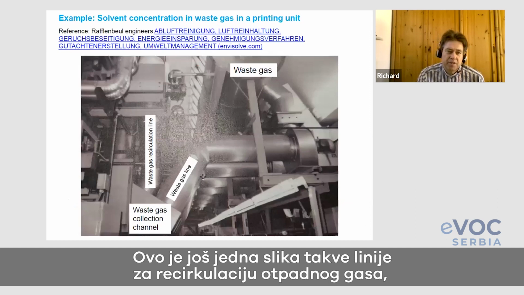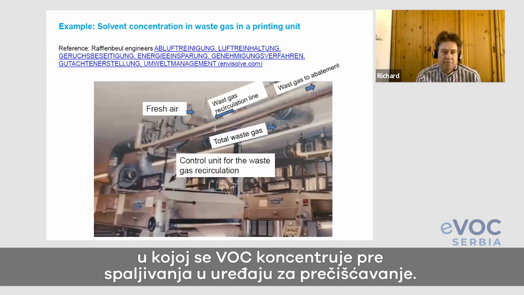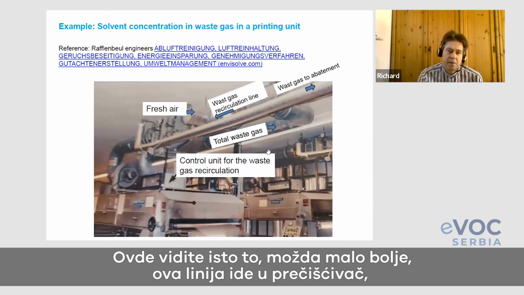Yes, here's another picture of such a waste gas recirculation line, to really concentrate the VOC in the pipe that you discharge to the waste gas abatement. Here you see a little bit better, maybe.